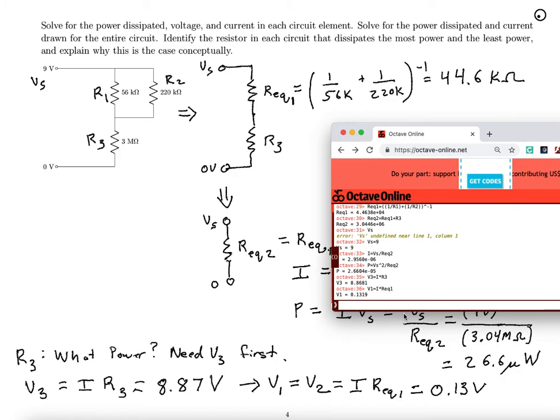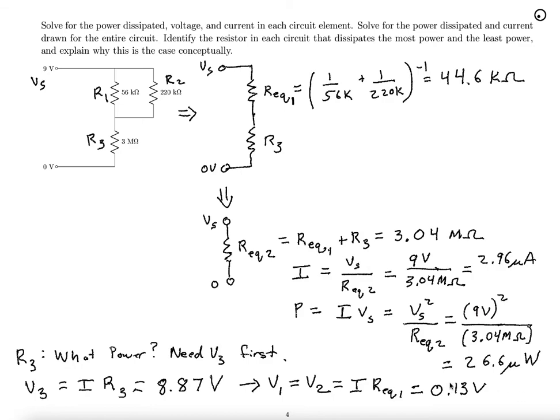And that's the same for V2. I can in Octave just write V2 equals V1 and assign it that way. This is nice because 0.13 plus 8.87 equals 9 volts. That is the voltage drop across the first two resistors plus the voltage drop across the third equals the voltage drop top to bottom. So that makes sense.